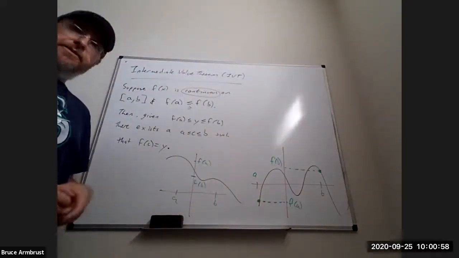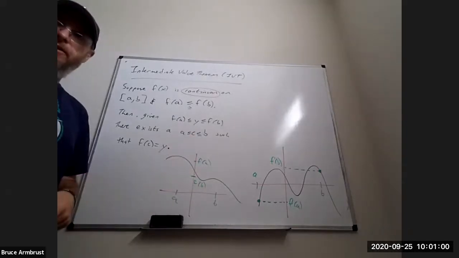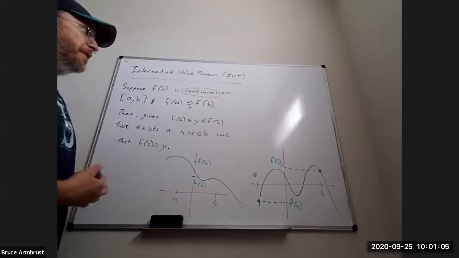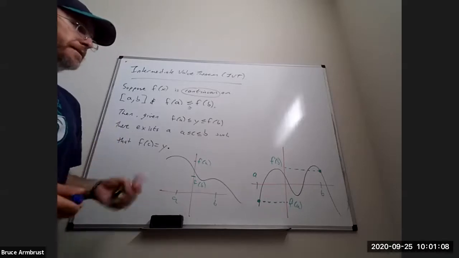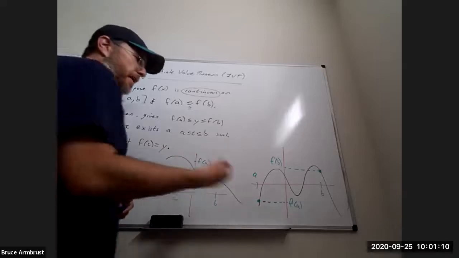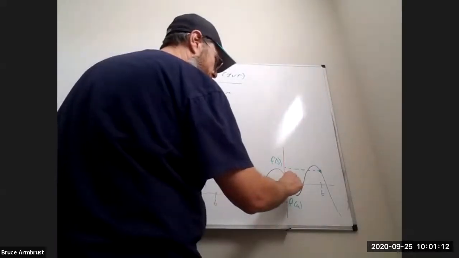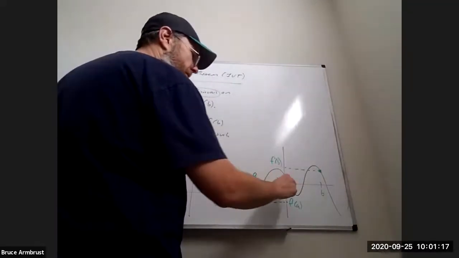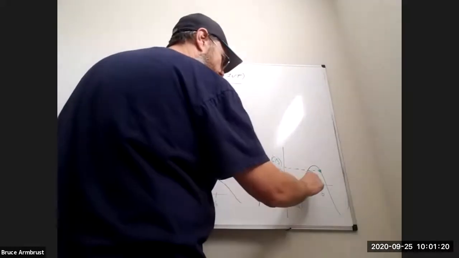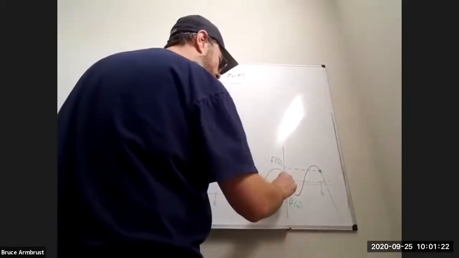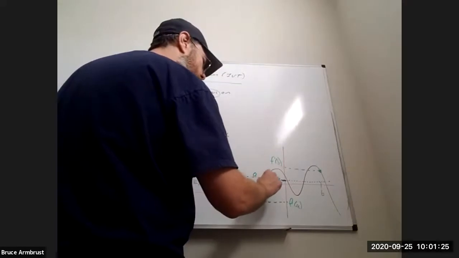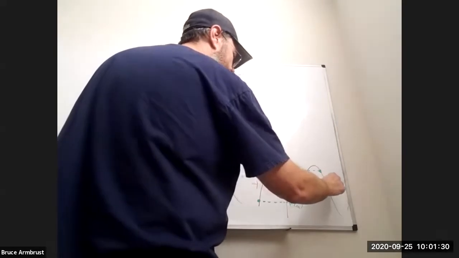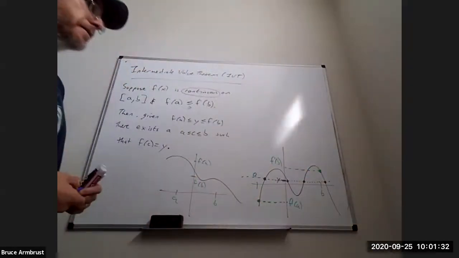Now, it is continuous. It's polynomial, right? We're able to draw it without lifting our pencil, so that thing is continuous. So the intermediate value theorem should apply. So let's pick a y that's somewhere between f of A and f of B, say this one right here. And notice that if we were to go across on that y, we have a whole bunch of points where it intersects.